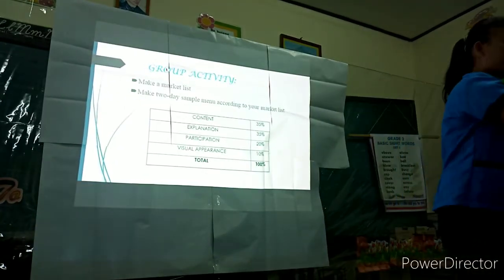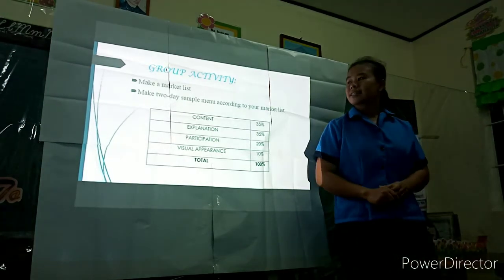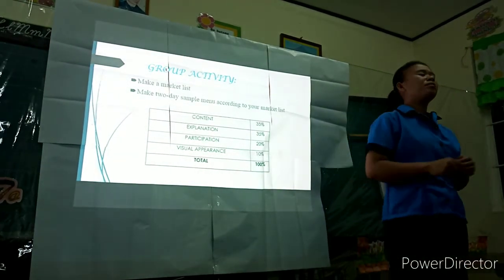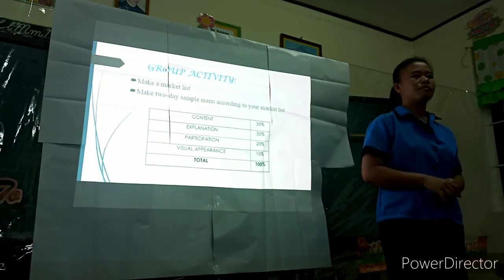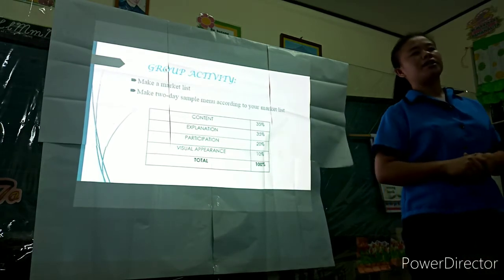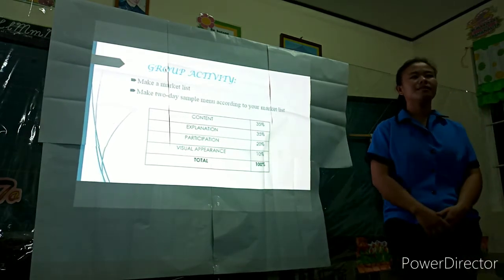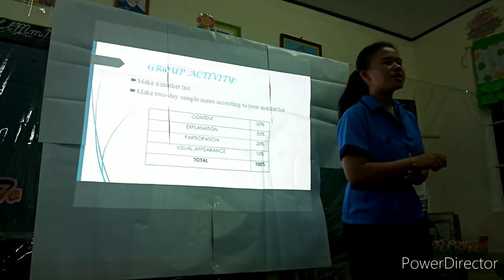Please, here are your items. Okay guys, I will give you 15 minutes to finish your activity. Remember to follow the rubrics for your activity. Okay, you may start. Okay, time's up.